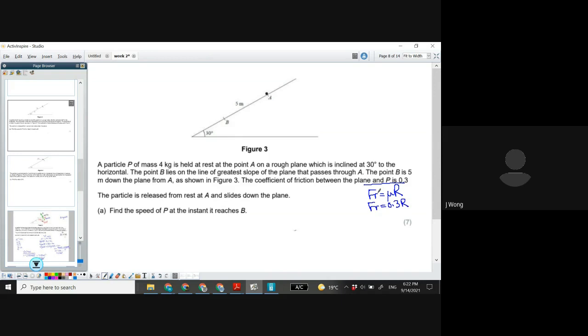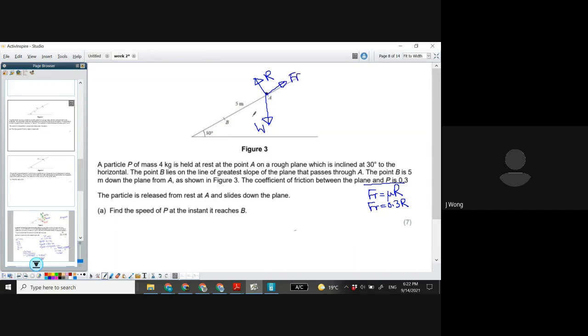Okay, so let's get our force diagram for this question first, which will include the reaction, since the particle is in contact with the plane, the weight component, and, since it's lying on a rough plane, friction here.